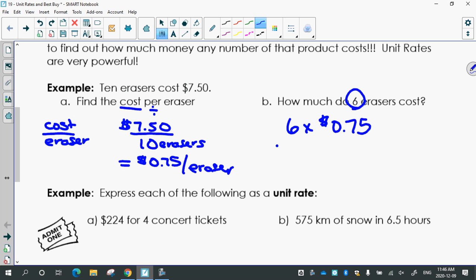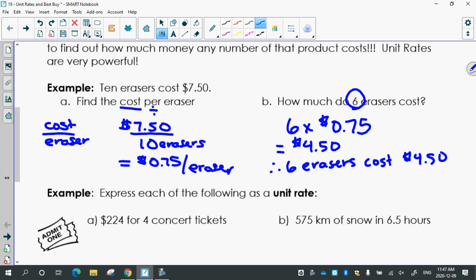They each cost 75 cents, so that's a classic multiplying question from elementary school. You can multiply to get the answer. 4.5, but you're going to make that into money, so $4.50. So therefore 6 erasers cost $4.50.